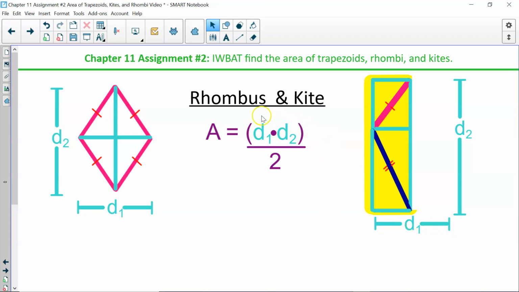So now you can kind of see how this area formula makes sense. I can multiply half of diagonal 1, which is my base, times diagonal 2. So hopefully that demonstration will help you remember this formula a little bit better.